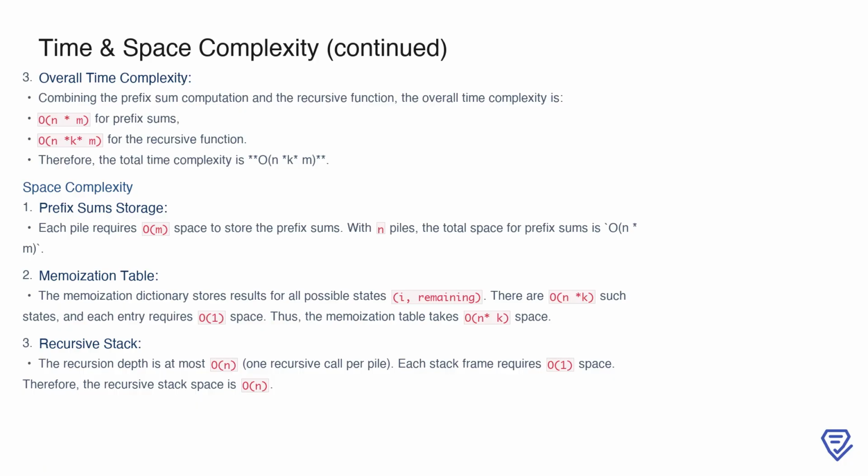With n*k states each requiring 1 space, the memoization table contributes n*k to the space complexity. Lastly, the recursive stack depth is proportional to the number of piles, which is at most n. Since each stack frame requires constant space, the stack contributes n additional space. These components together make up the total space complexity.